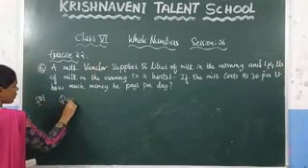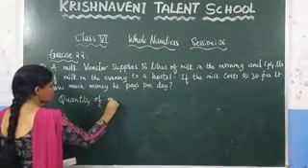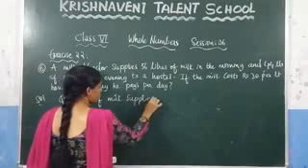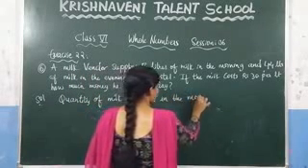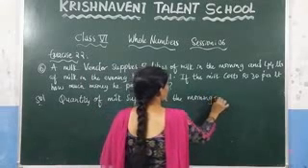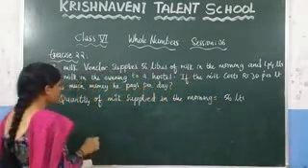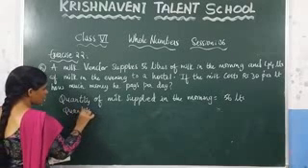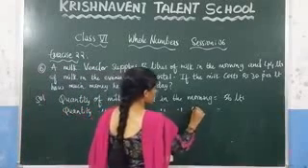So here write: quantity of milk supplied in the morning. In the morning, how much quantity are they supplying? 56 liters. And right here, quantity of milk supplied in the evening.